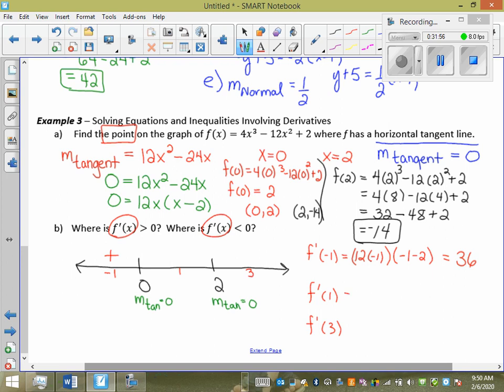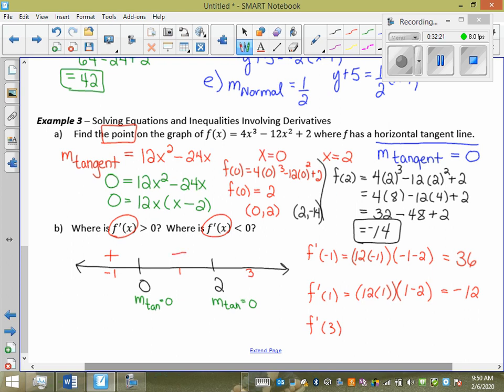Now I could go 12 times 1 in brackets times 1 minus 2. I always pick the reduced form because it's easier to tell your signs. I'm going to get a positive times a negative, so a negative number. It ends up being negative 12, but unless I'm sketching the first derivative graph, I don't care what that y value is. I care that it's negative.